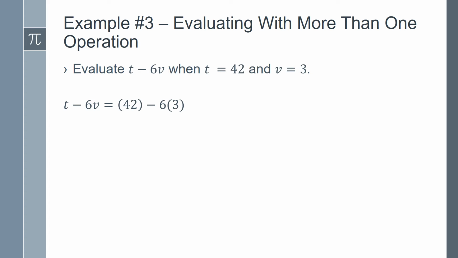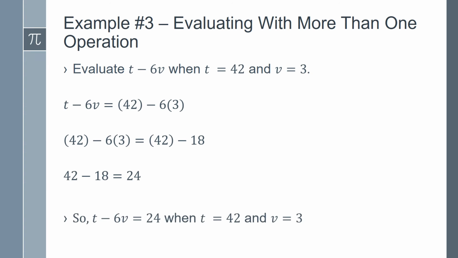Notice that by substituting in using parentheses, I know that the 6 is multiplied by the 3. 42 minus 6 times 3 equals 42 minus 18. And from there we subtract, and we find that 42 minus 18 equals 24. So, t minus 6v equals 24 when t equals 42 and v equals 3.